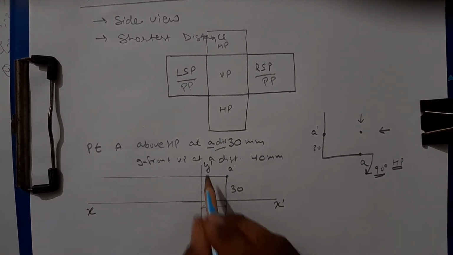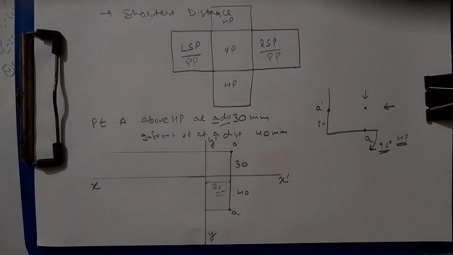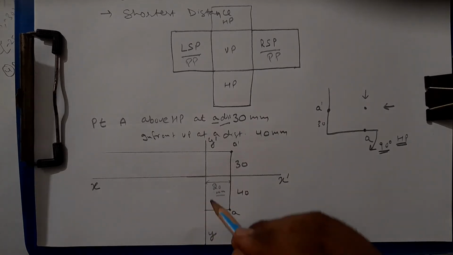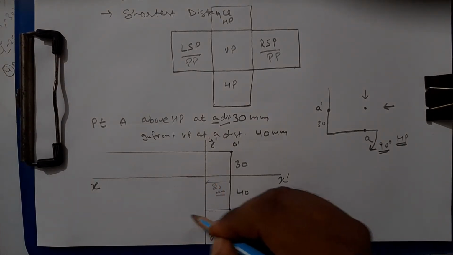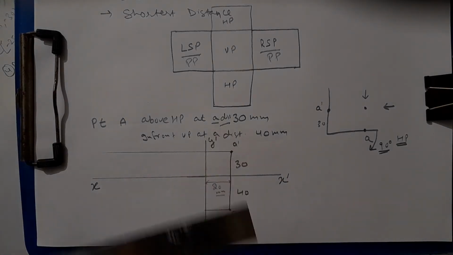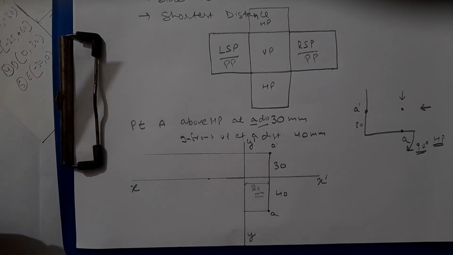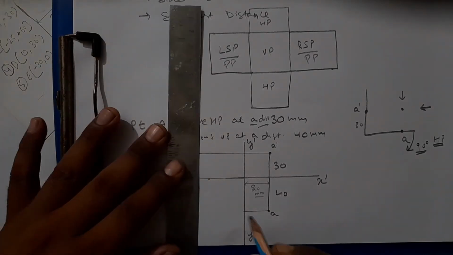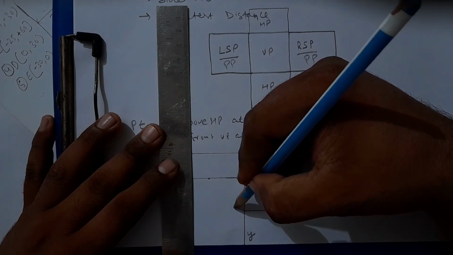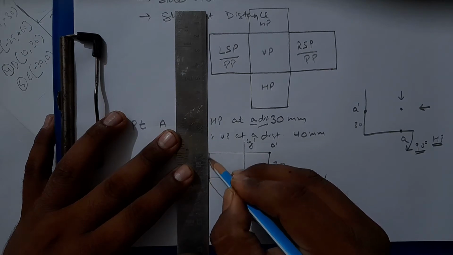It is denoted by y dash and y. Now from here we can plot like this. Take a compass and make an arc equal to it, or you can measure this as 40 mm over here and plot it as 40 mm. You can make an arc with the compass and we will be getting the view.